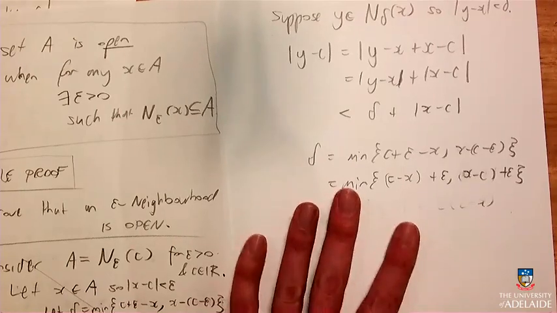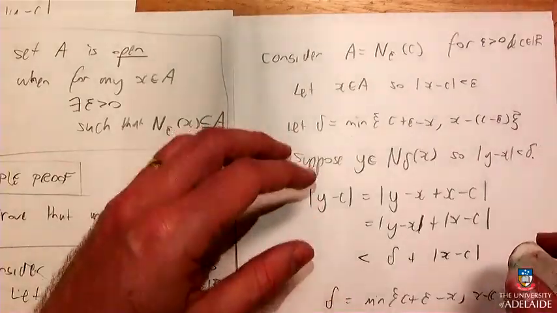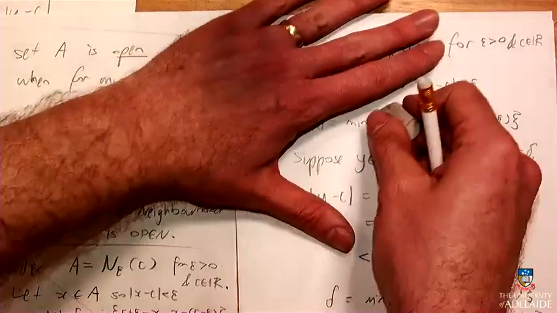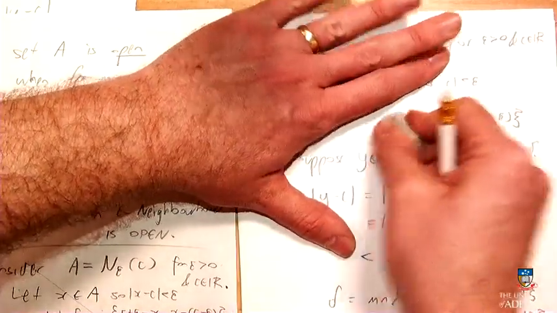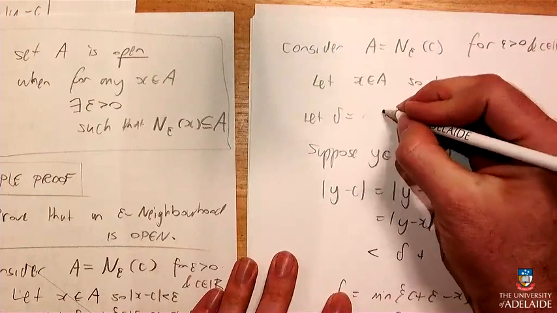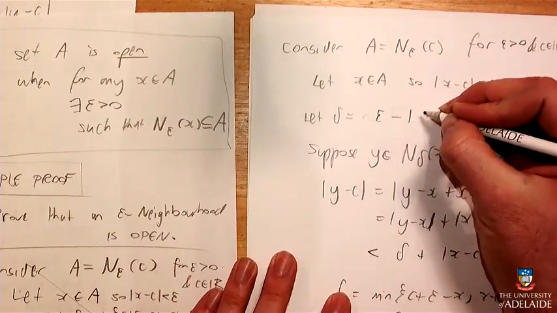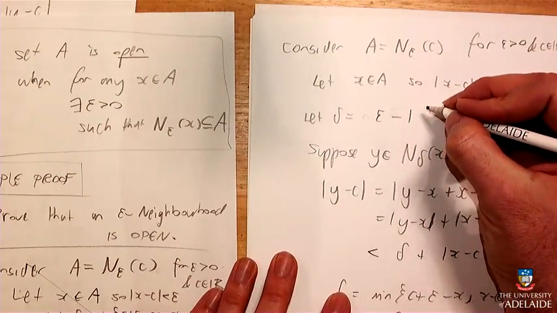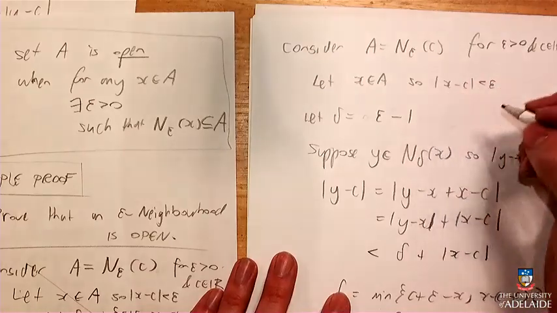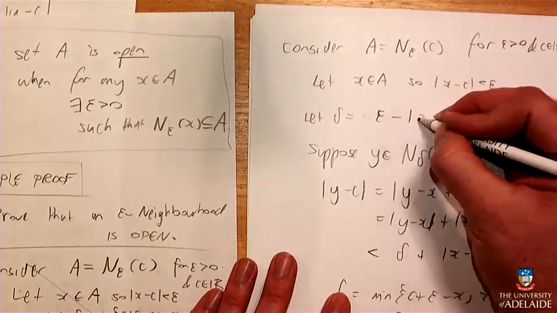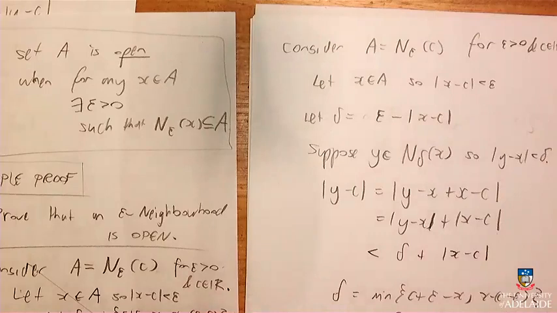Why don't I just define delta to be epsilon minus the distance between x and c? Which we know is greater than 0 because the distance between x and c is less than epsilon.